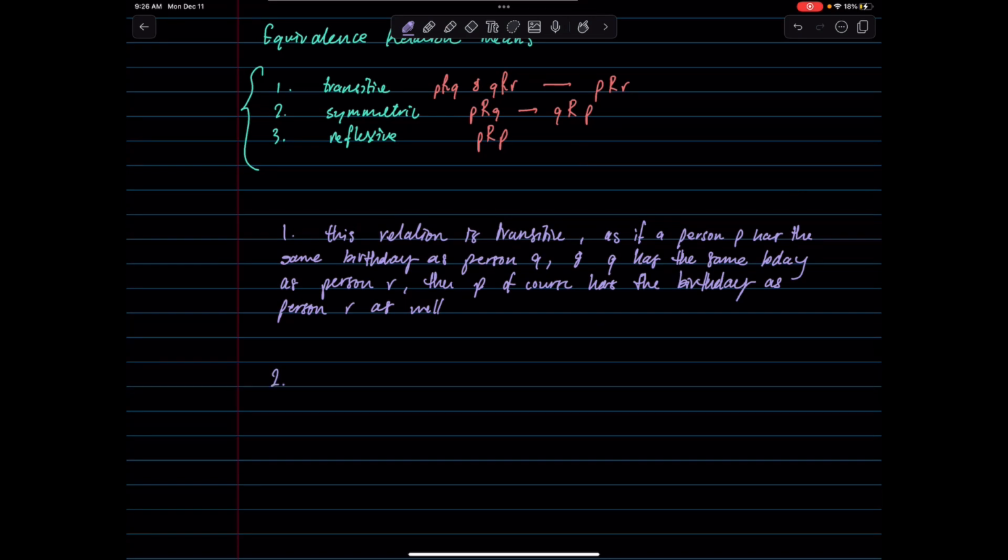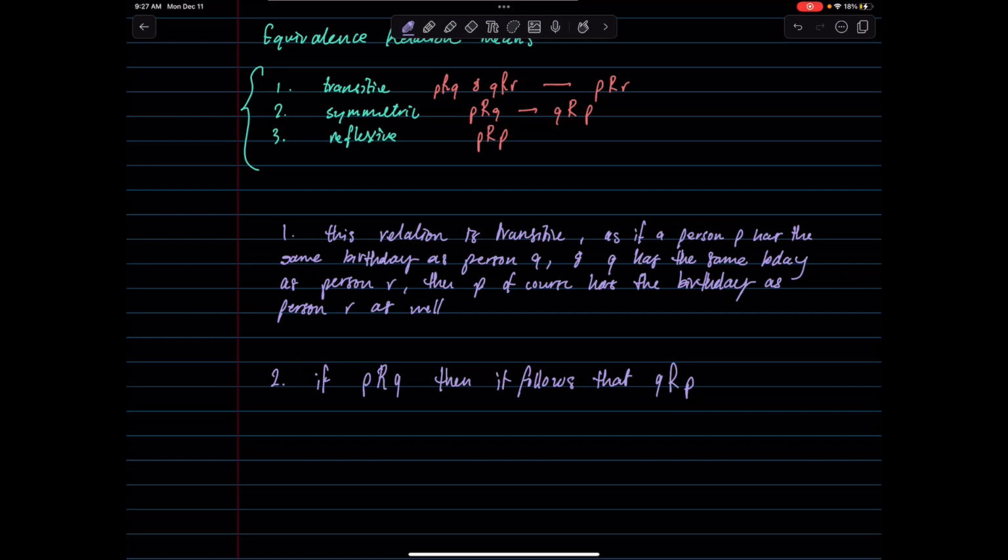So symmetric, if PRQ, then it follows that QRP. If I have the same birthday as my best friend, then that obviously means that my best friend has the same birthday as me, right?